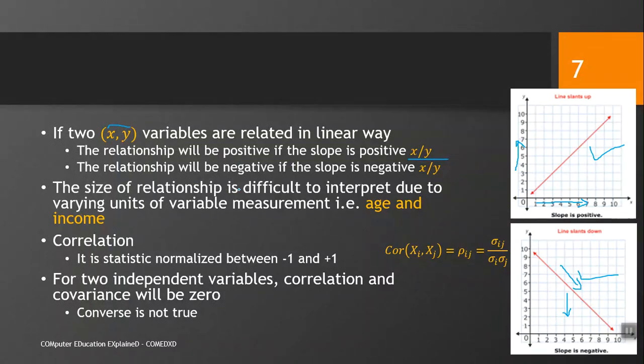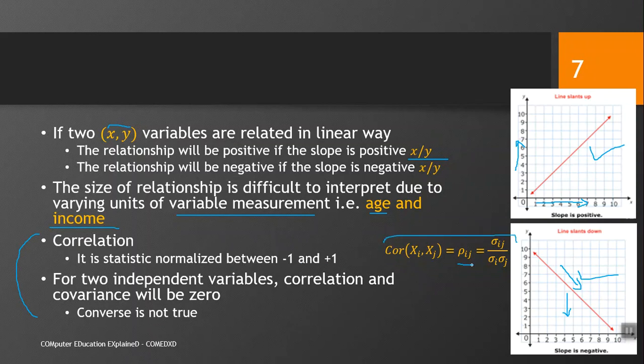The size of the relationship is difficult to interpret due to the varying units of variable measurements. Of course, because age and income have very different units, we will find some other statistics about them. One of them is correlation. Correlation is a statistic normalized between -1 and 1, and it is given with the help of this formula.